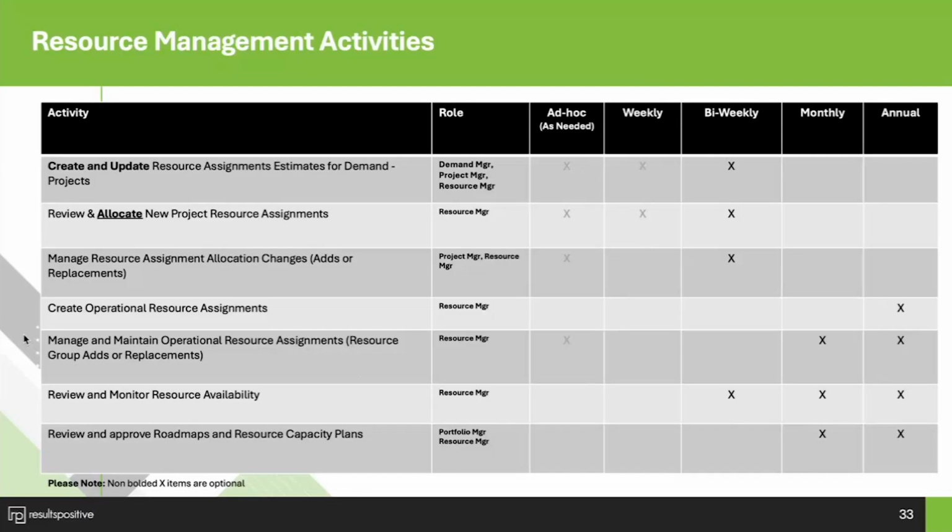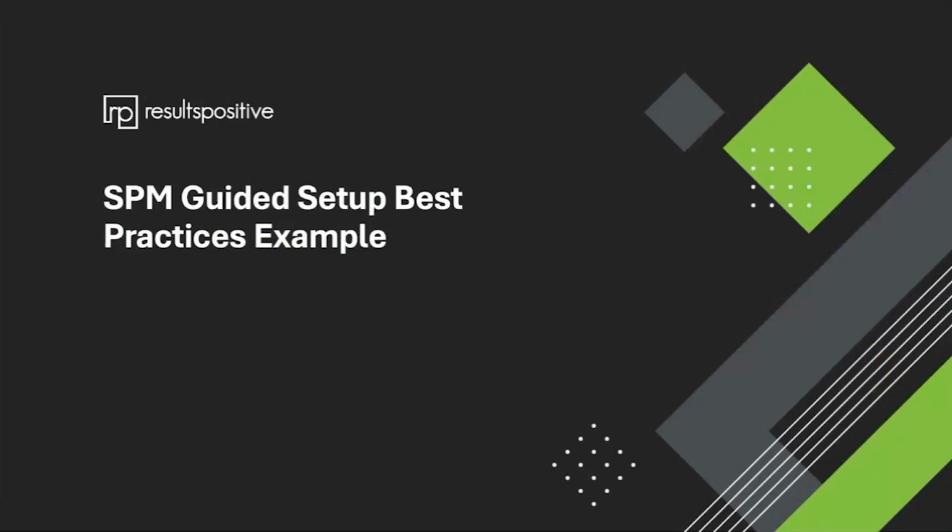So it's a good way to set the stage, set the expectations so that you're set up for success for resource management. So like I said, just an example of some of our best practices, advisory and guided setup that we recommend. That's an example of some of the things that we'll review as part of those migration activities.